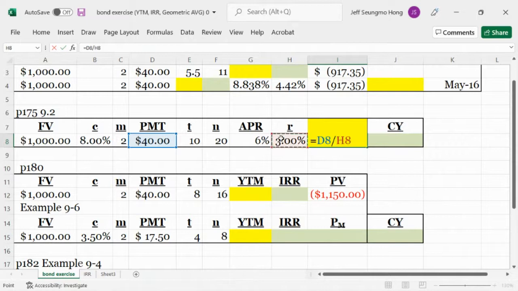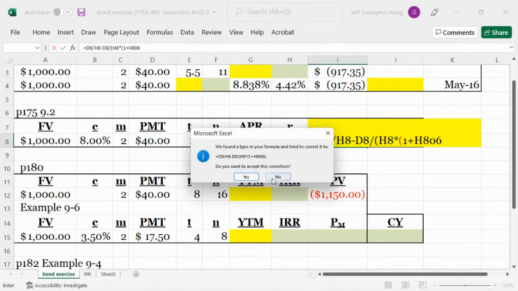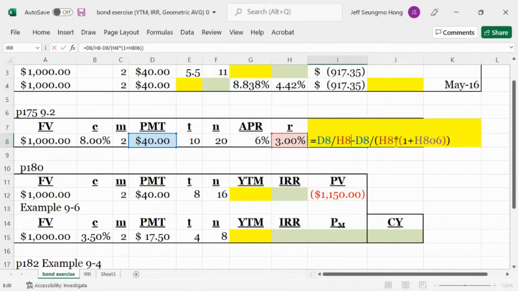Payment over R minus payment over R times (1 plus R) raised to N. Something's not right here, right?